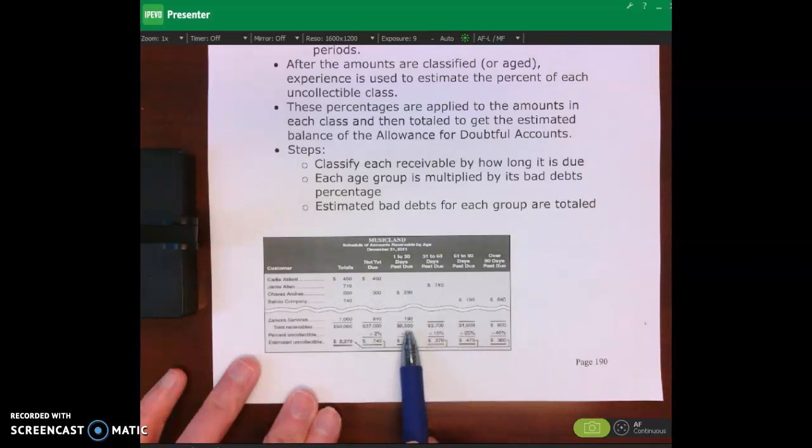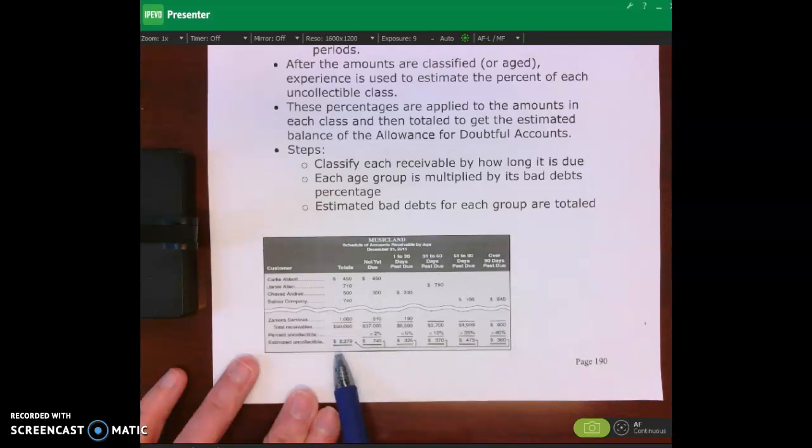And then we look at our total receivables for 1 to 30 days, $6,500, 5% uncollectible, $325 estimated uncollectible. 31 to 60 days, $3,700, 10% uncollectible, $370. 61 to 90 days, $1,900 total receivables, 25% uncollectible, $475. And then $900 here, total receivables for over 90 days, 40% likelihood that we won't get it, $360 estimated uncollectible.